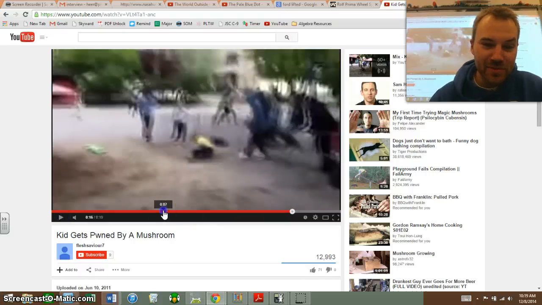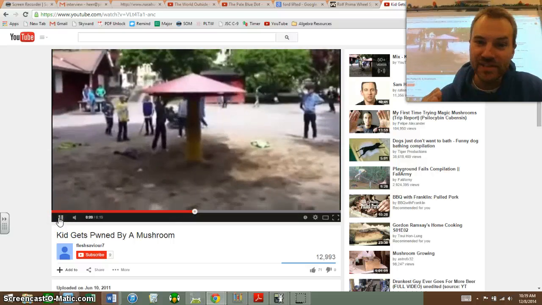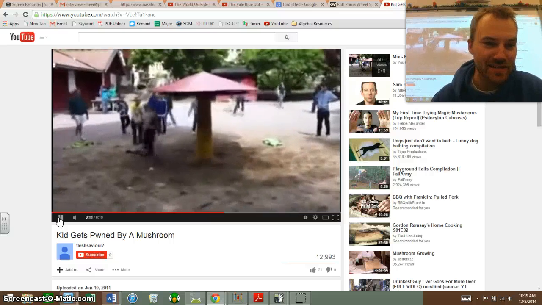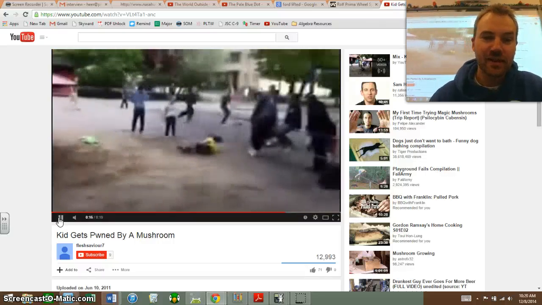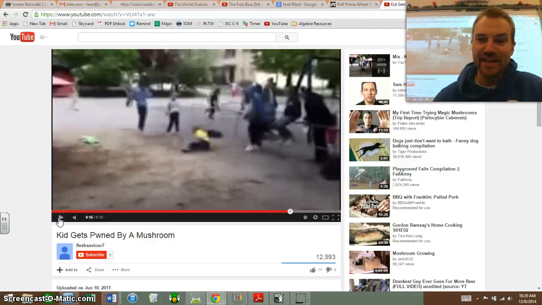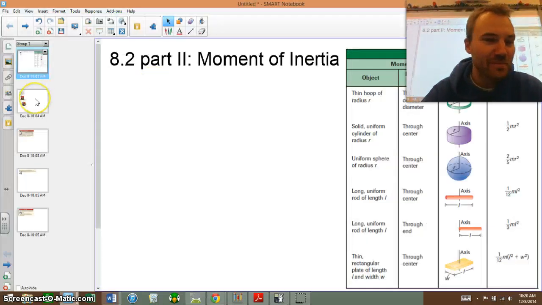Like, this kid grabs a hold of it and gets thrown. Once this thing gets going, it's got so much mass. His little body is not going to change that in the smallest amount. So it's kind of fun, but it just goes to show you that when it comes to spinning things, human bodies aren't really all that much.